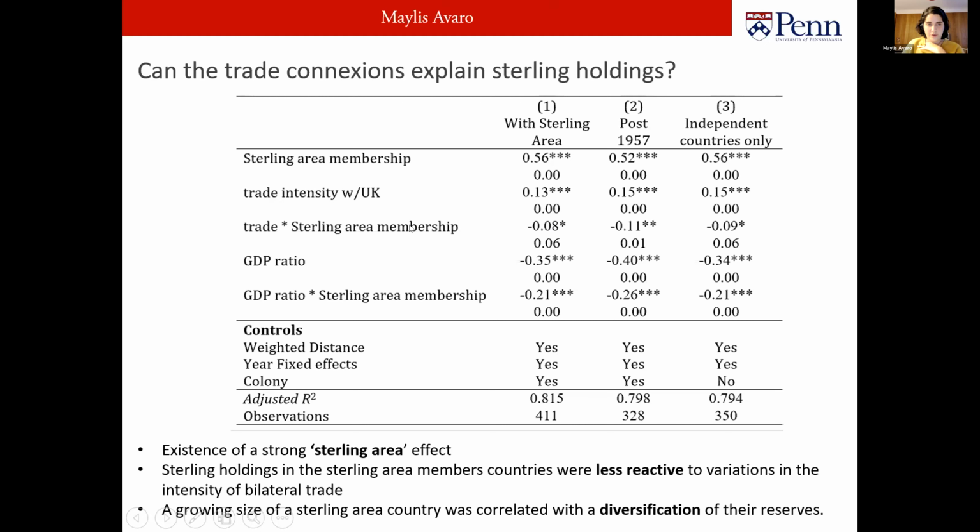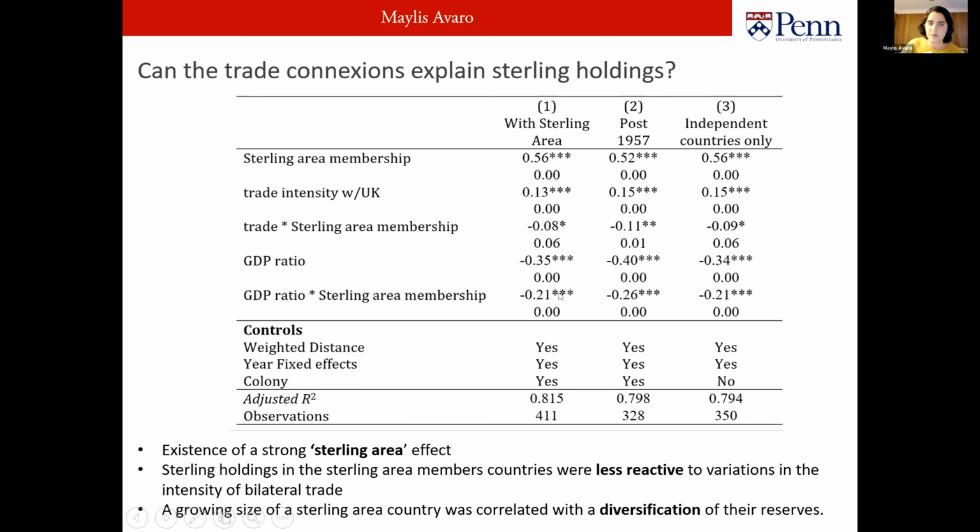But if we look at the one for sterling area membership, it's a sum of 0.13 plus -8, and so it's smaller, meaning that the reserve composition of Australia was less reactive to change in bilateral trade than the one of France, for example. And so this is puzzling according to the main theory of international reserves. And in addition, what is really interesting to note is that a growing size of a sterling area country was associated with the diversification of the reserves away from sterling.